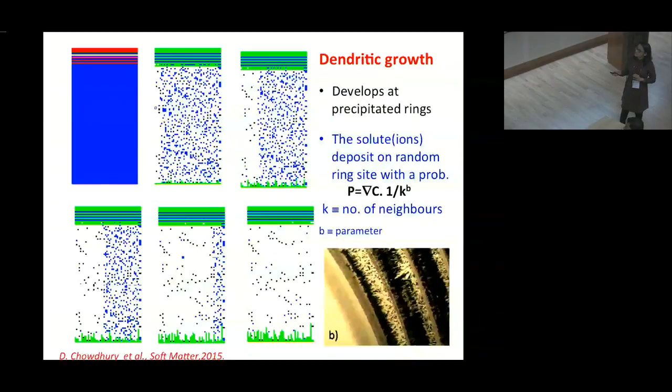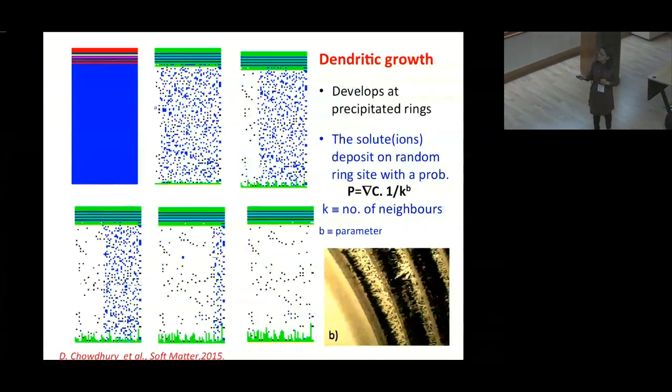The solute from the droplets can attach to the precipitated rings with a probability proportional to the concentration gradient, and it takes care of surface tension because K is the number of neighbors, second nearest neighbors included. And B is a parameter which determines how important surface tension is.